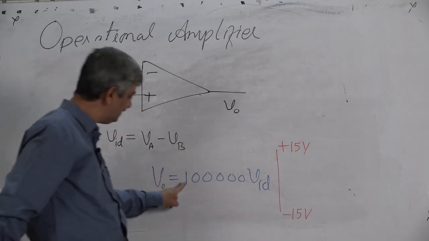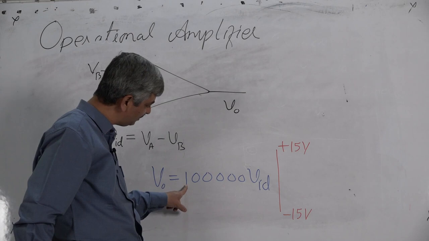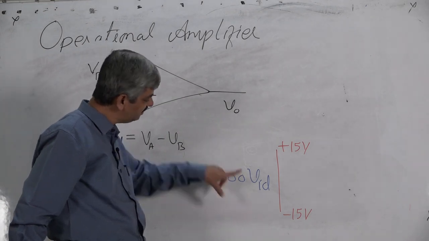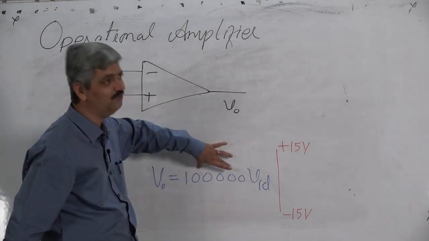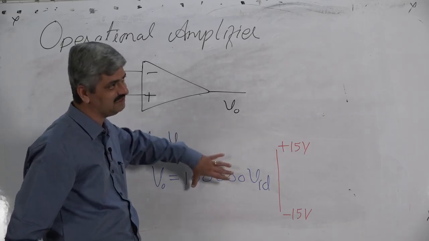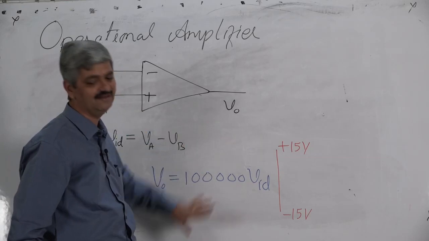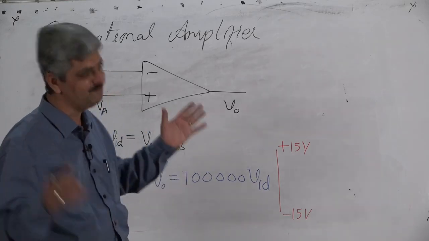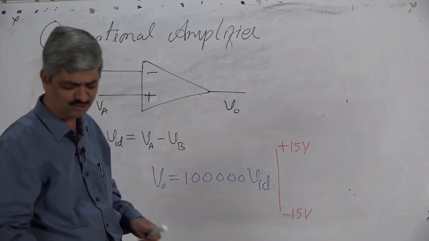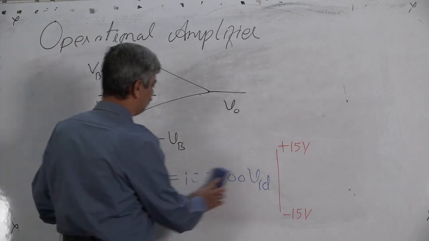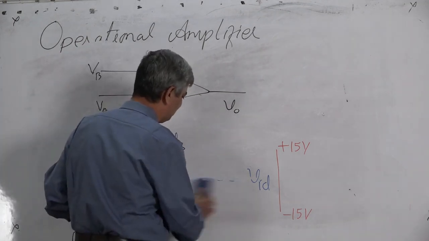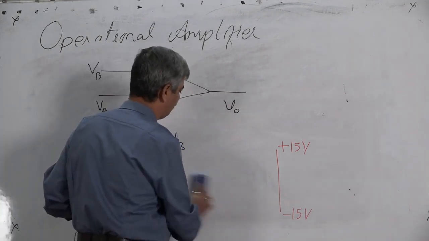Now this 1 lakh also I have taken as a numerical value, because differential gain is normally in this range, and initially if symbols are taken then it creates confusion, but now it is very clear. So 1 lakh is not so specific, it is in the range of a few lakhs.